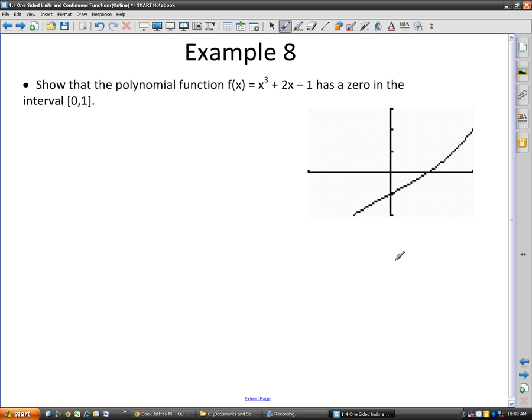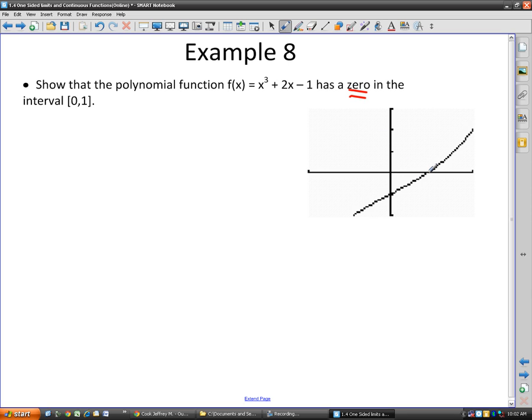So this is a use of the intermediate value theorem, and the function is f of x. f of x is x cubed plus 2x minus 1. I graphed that function, and we're looking at the interval between 0 and 1. We want to show that there is a 0, that this graph is crossing the x-axis.